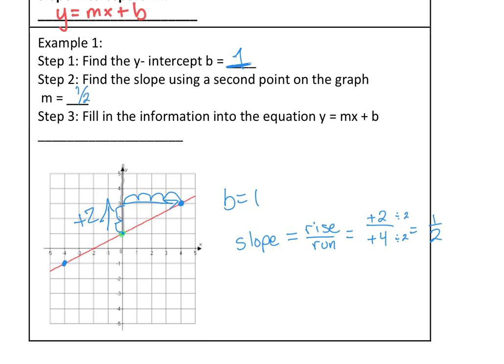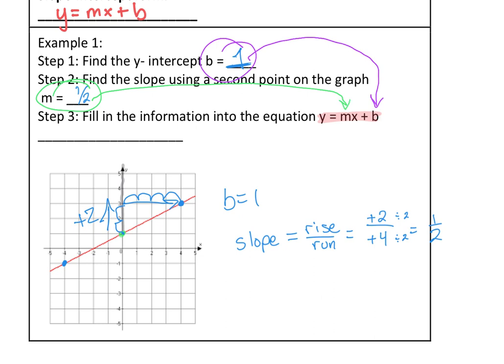So now we're going to substitute m and b into, okay, let me highlight this slope-intercept equation. All right, so I should have color-coded it. So this b is going to go here. And this m is going to go in this spot.